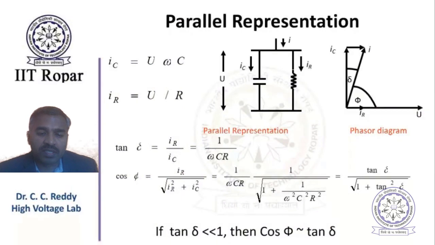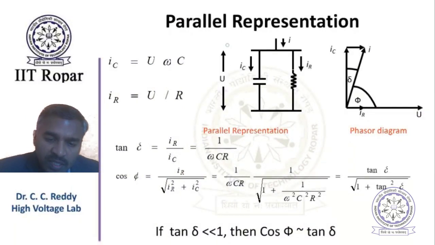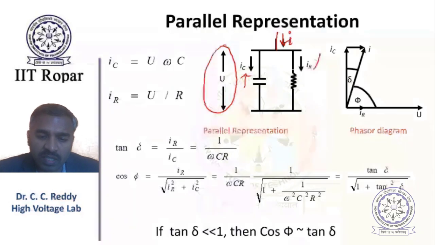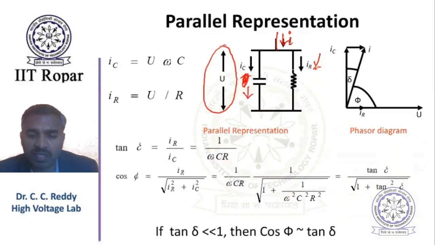In this case, U is the voltage applied across the dielectric, I is the total current, IC is the capacitive current, and this is the resistive current. Then what is the phasor diagram of this one?